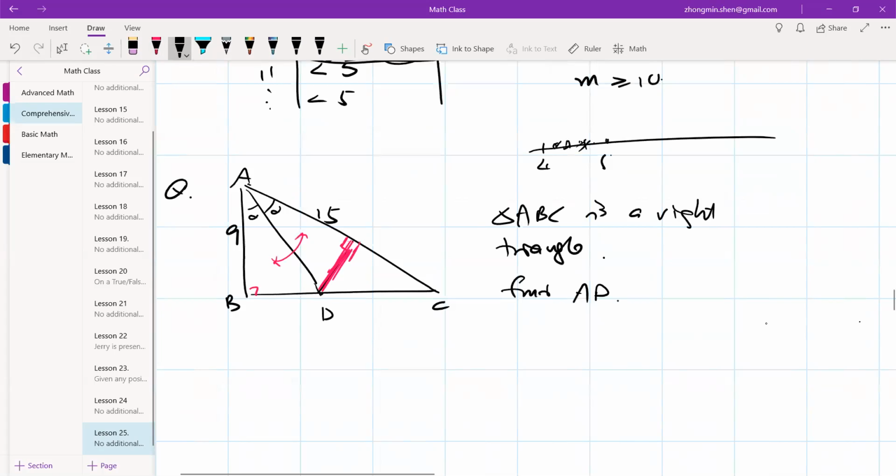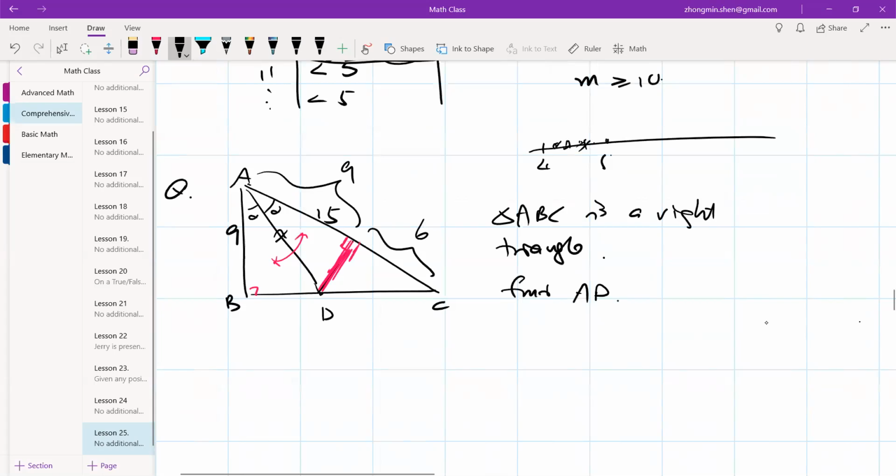Got it? I'm going to find x, like this is x. That means this side is going to be 9, and this side will be what? 15 minus that, it's going to be 6.